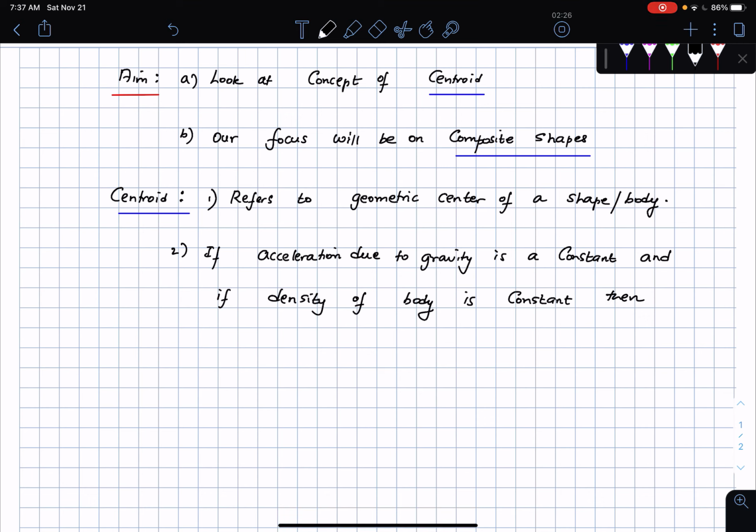Then the centroid is the same as the location of the center of mass and is the same as the location of the center of gravity of the body.